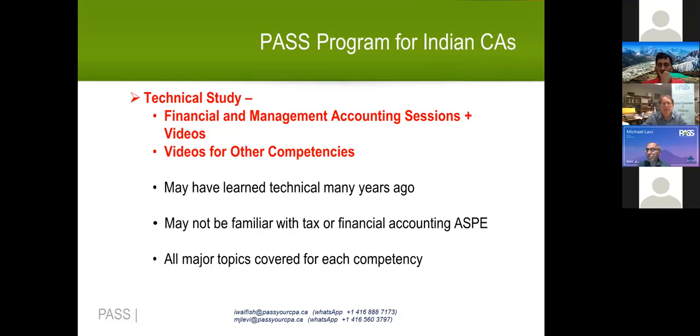Now, the technical study, I think Michael has mentioned this, so I'll just be brief. By technical studying, what we mean is you need a base. You need to know the financial accounting sections. For example, you need to know how to account for different things, leases, foreign currency. You need to know technical in management accounting, contribution margin. That's what we mean by technical.